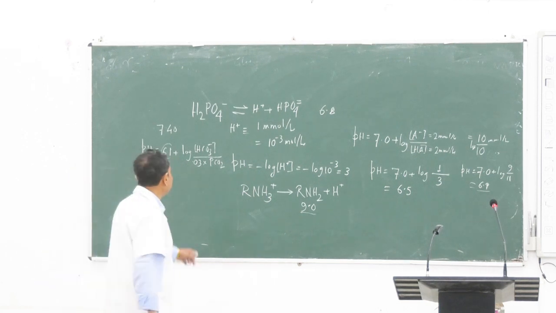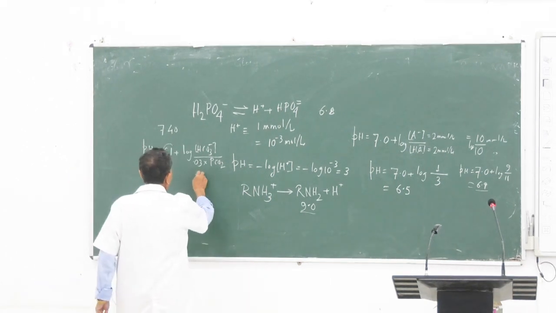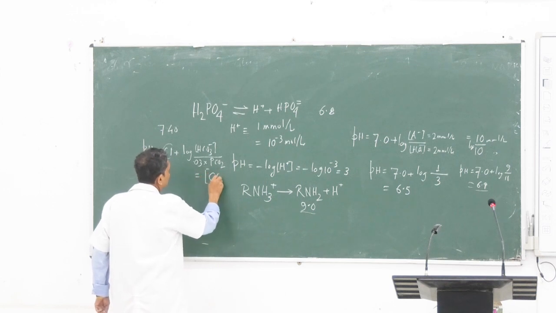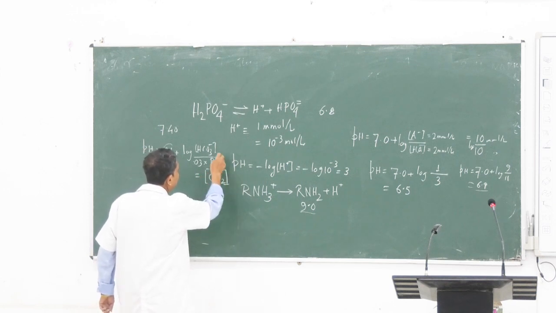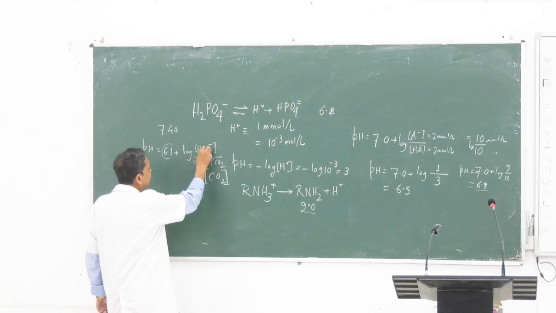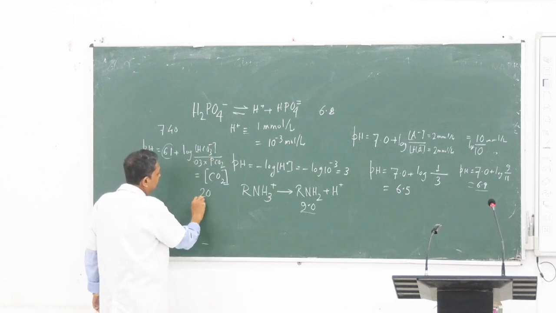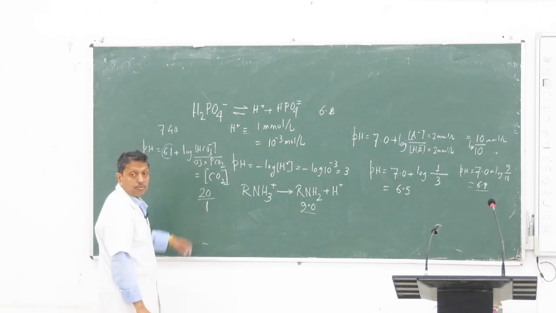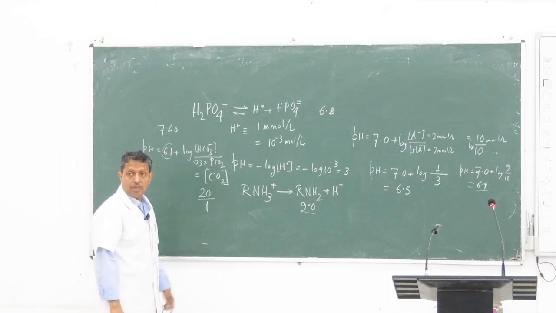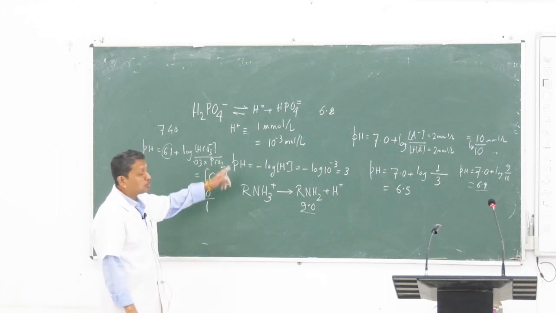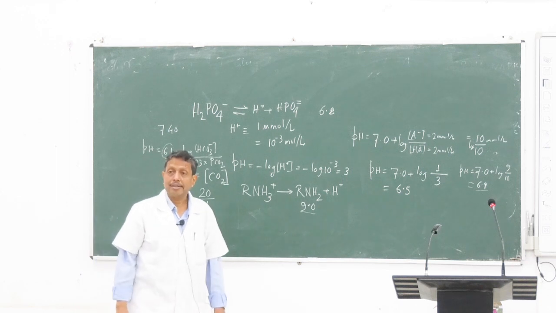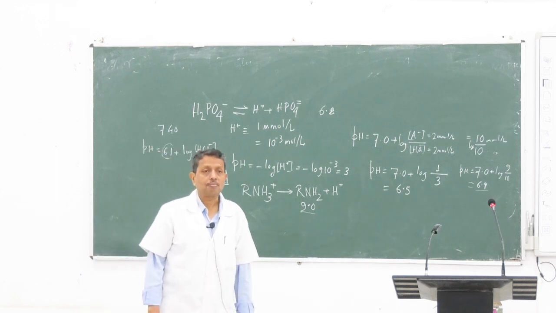Suppose in this case it is equivalent to that of the CO2, and we mentioned that normally this ratio is 20:1, but in case of phosphate buffer it is 4:1.